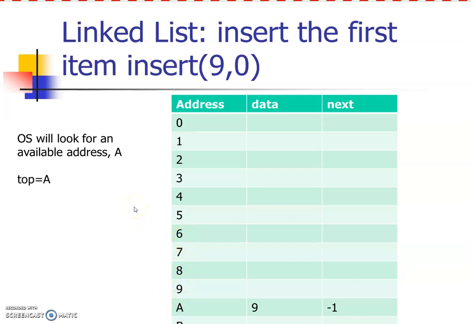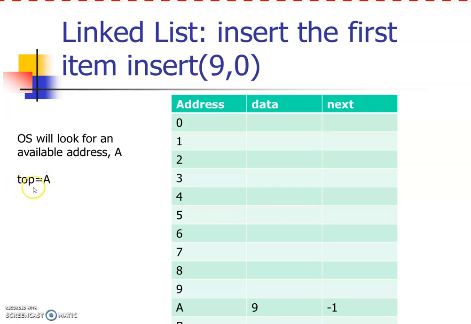In the example that I generated, it randomly decided to go to the location of 8 as the address, which I'll call A. In the data part, because the value of 9 is what we want to store, we put a 9 here. And because we only have one item right now, the next part will equal null, -1, indicating that there is no next item and this is the end.